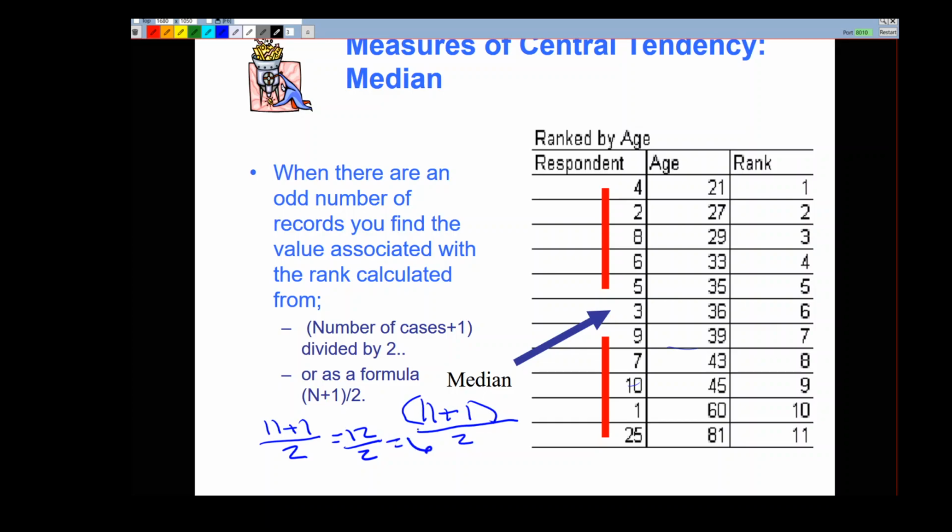So the rank that holds the median age is rank 6. I find that person, here it is right here. So that's rank 6. I go over, and the median age is 36. Fairly straightforward.